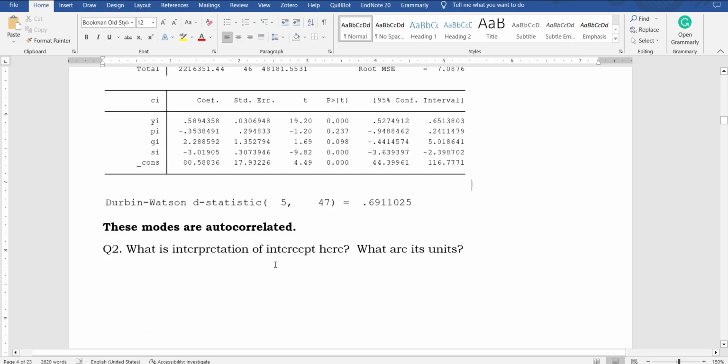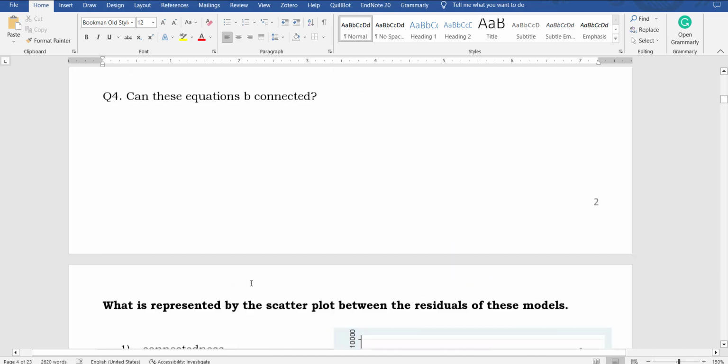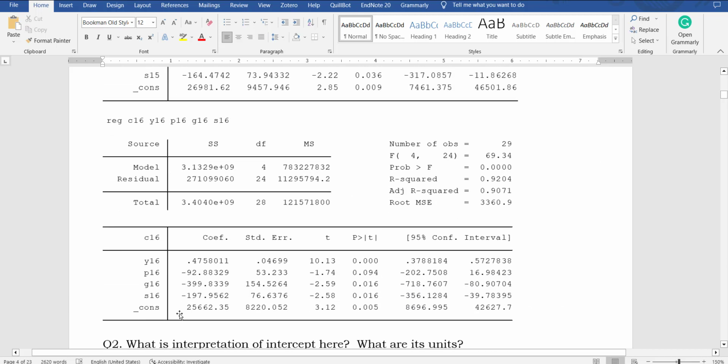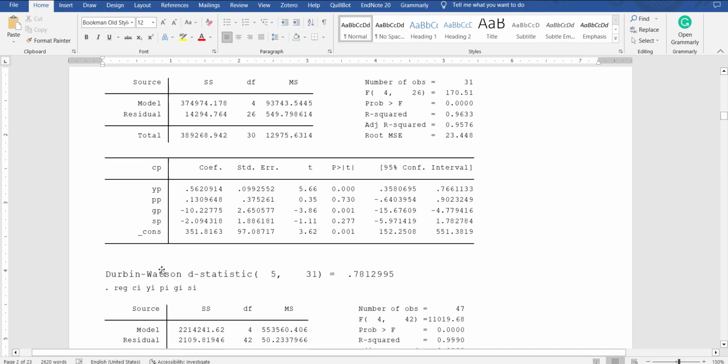So how do we interpret the intercept here? You need to notice that in the cross-section regression, the intercept is the effect of other variables which are present across cross-sections on the dependent variable. Here, the intercept is the effect of other variables which are changing in time, affecting Pakistan and affecting India.